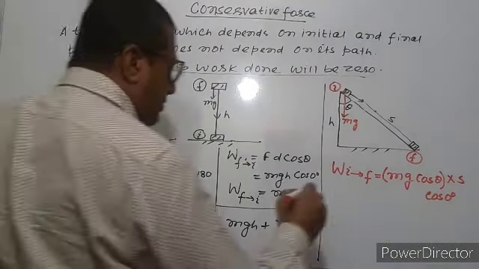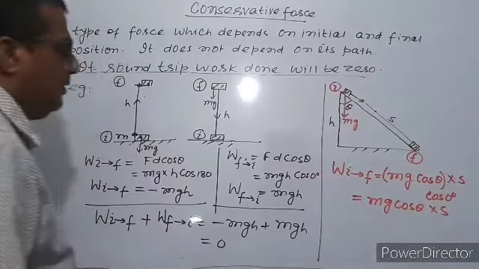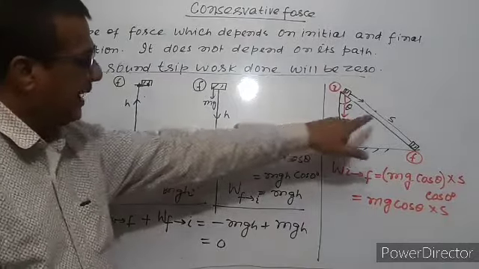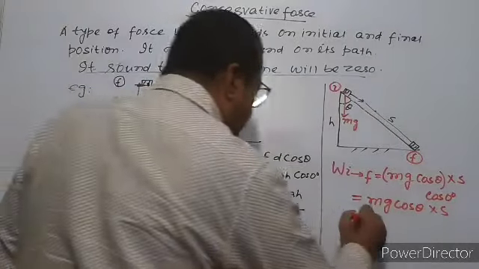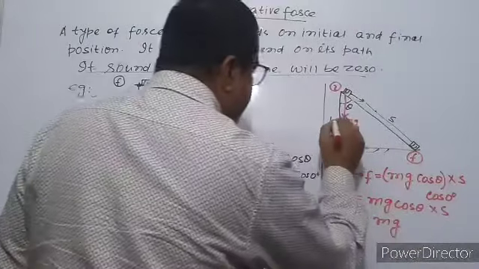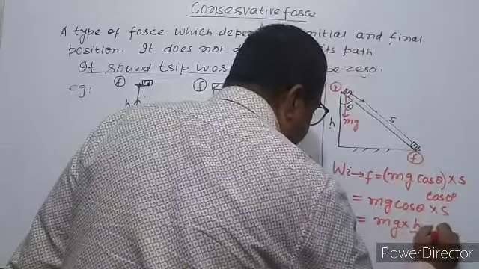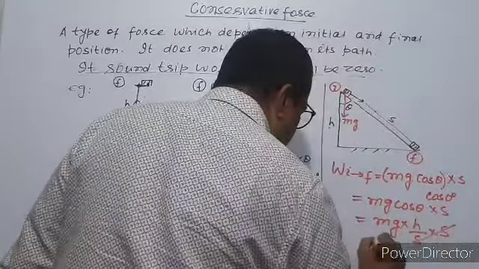So we got here mg cos theta into s. Cos theta is equal to base by hypotenuse. So we put here mg, base is h and hypotenuse is s. So this is equal to mgh.